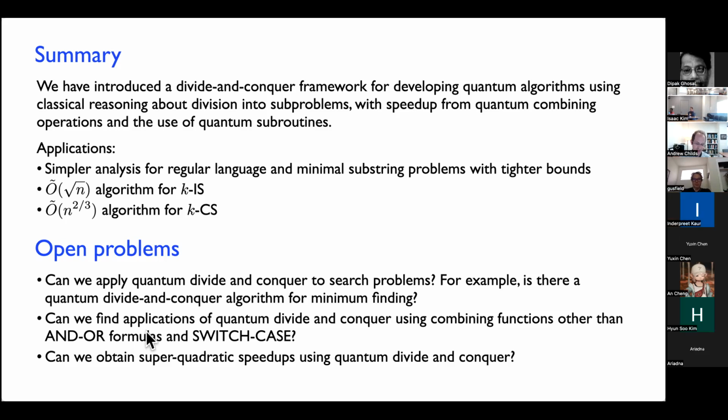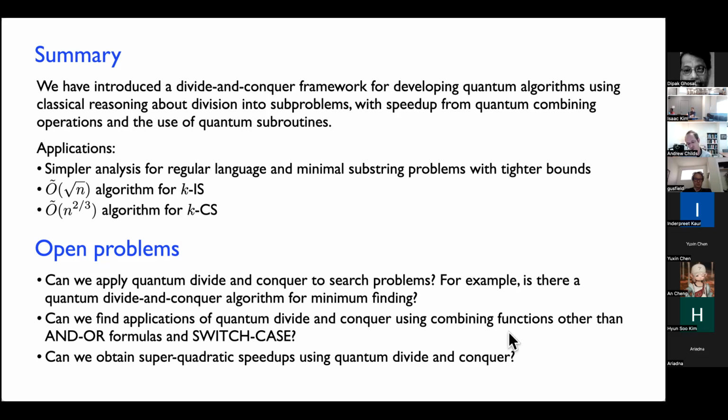For example, one nice problem is to give a quantum divide and conquer algorithm for finding the minimum item in a list. That's something we know how to do in square root of n quantum queries, but we don't really know how to do it in a divide and conquer way. And I think if we could, it would light the way forward to more general kinds of divide and conquer algorithms.